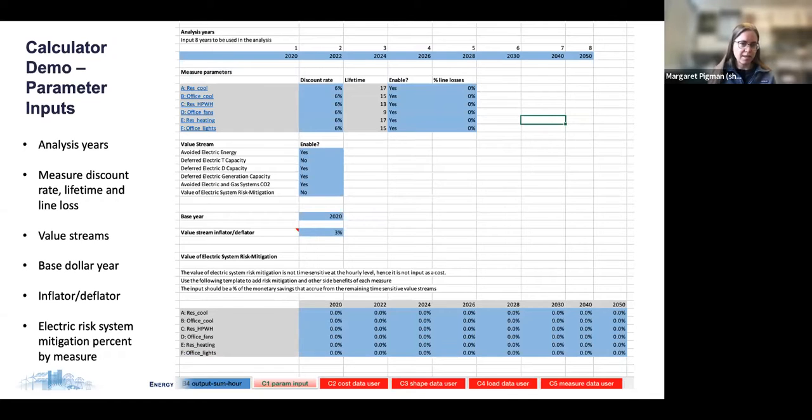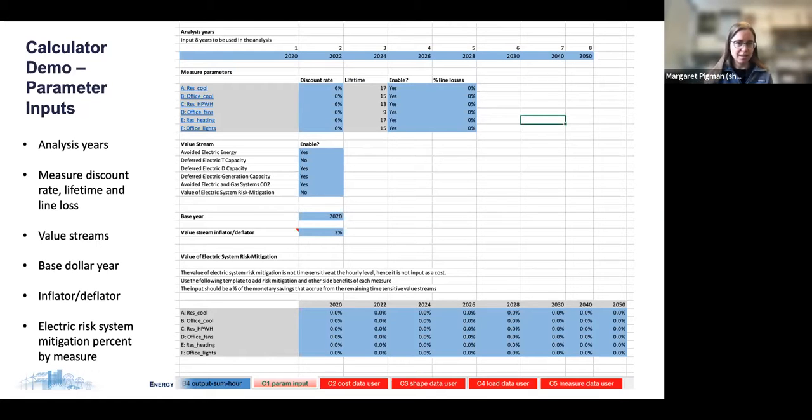The first type of input that is used in the calculator are really the general annual overview inputs. So as JP mentioned, you can input up to 8 years of hourly data, and the first input is just to define which years are being used. And these years don't have to be consecutive, and so the calculator just uses the data from 1 year until there's a new set of data.